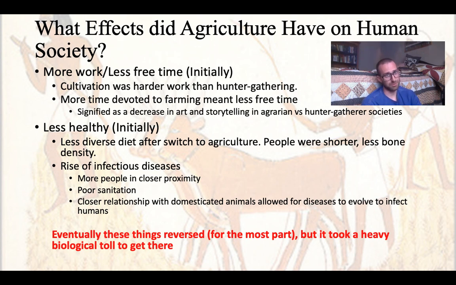That's how we get our food. We don't really have hunter-gatherer societies anymore, except for small isolated tribes. So there's a great benefit from an evolutionary standpoint, right? The societies that adopted agriculture outcompeted the societies that didn't.